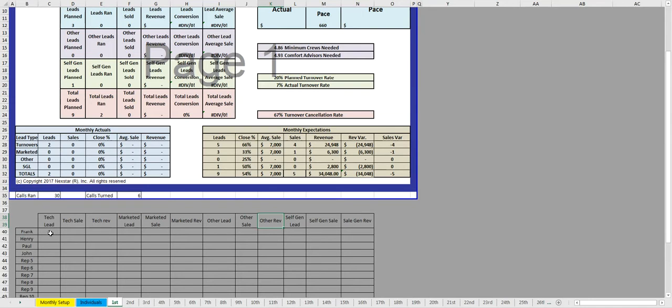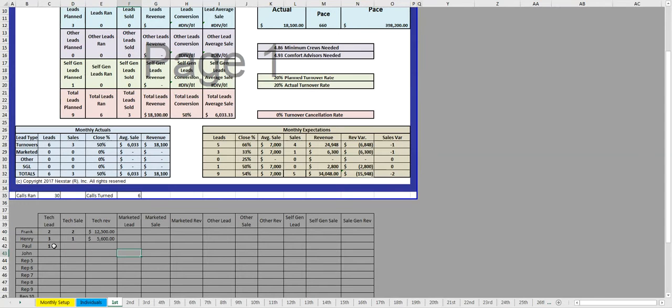So let's say Frank ran 2. He sold 2 for $12,500. Let's say that Henry ran 3, closed 1 for $5,600. So that's 5. We turned over 6. So let's say Paul ran 1 and didn't sell it.